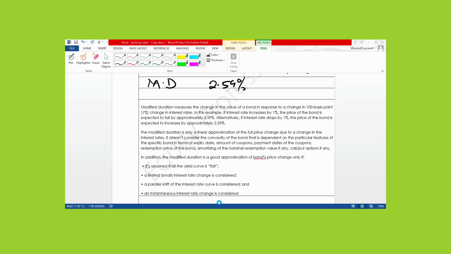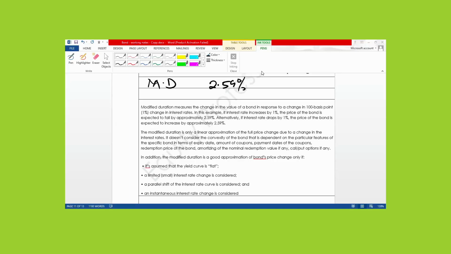In the example above, if interest rates increase by 1%, the price of the bond is expected to fall by 2.59%.